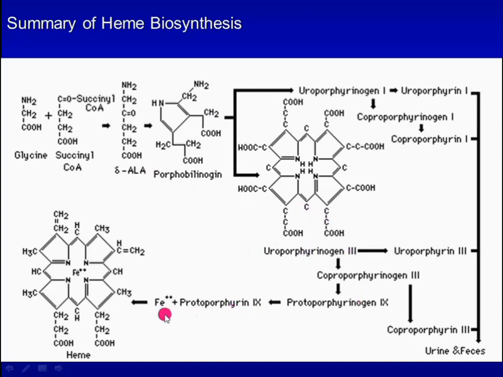Finally, ferrous iron is inserted into protoporphyrin 9 to form heme. In this whole process, several byproducts are produced, including uroporphyrin 1, coproporphyrin 1, uroporphyrin 3, and coproporphyrin 3. Buildup of these byproducts in patients can cause photosensitivity.